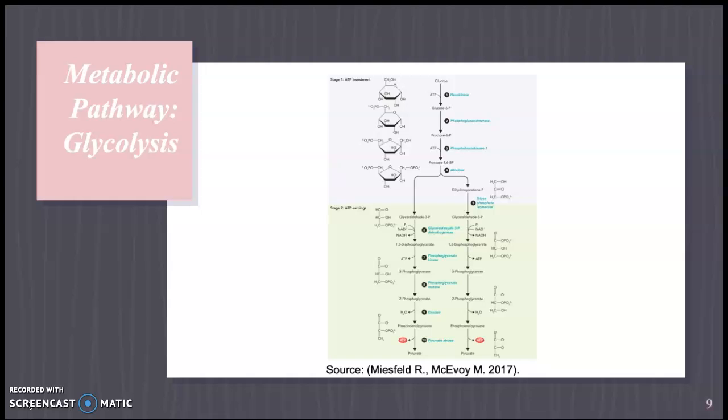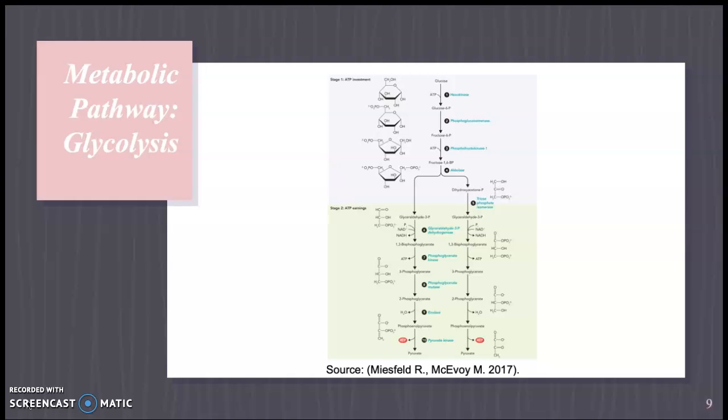In step 2, that glucose 6-phosphate is converted to fructose 6-phosphate by the enzyme phosphoglucose isomerase, and this step does not use any ATP. In step 3, fructose 6-phosphate is converted to fructose 1,6-bisphosphate using the enzyme phosphofructokinase, and this step does require the use of one ATP molecule.